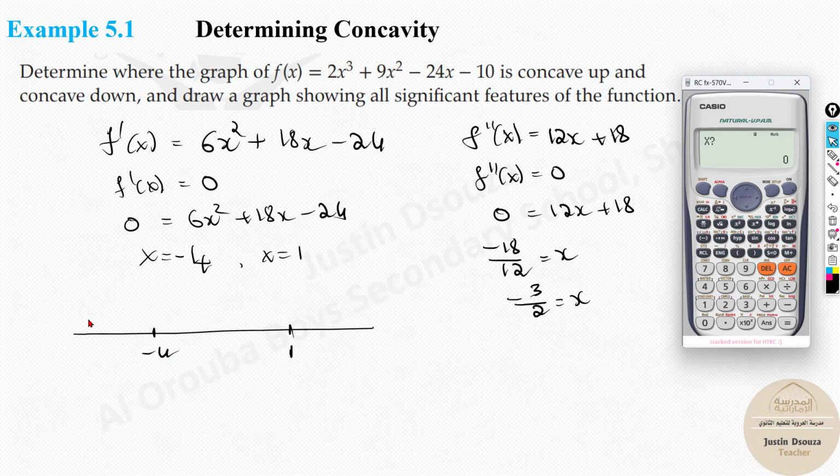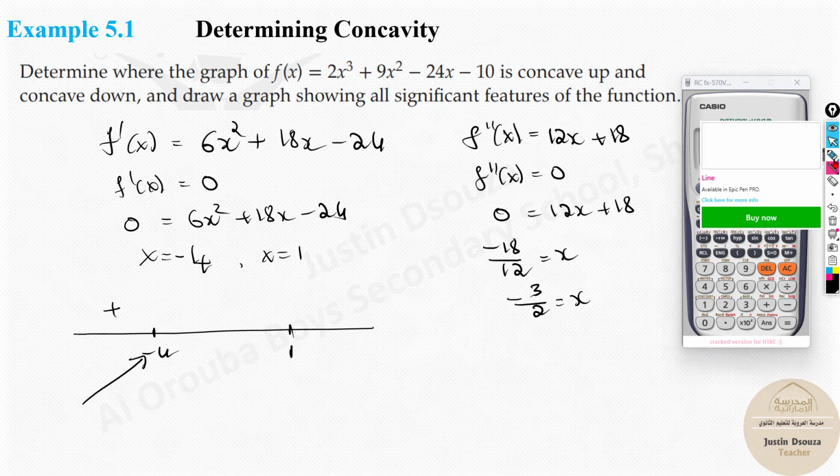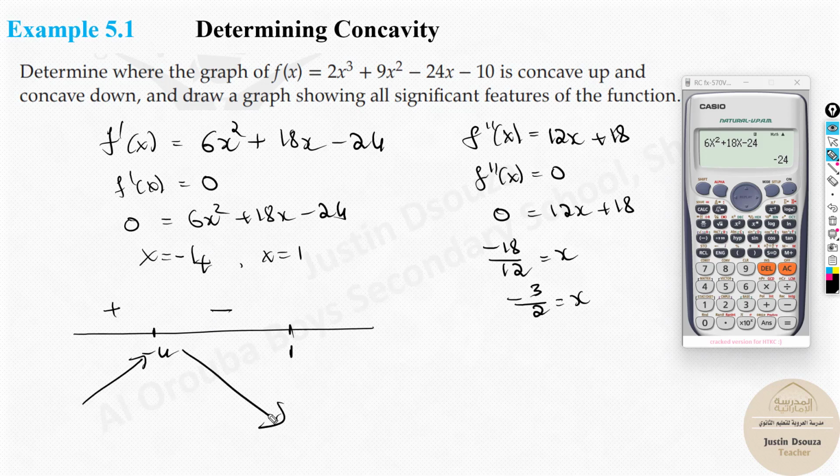So minus 4 is there, less than minus 4 would be minus 5. Now here it's positive. We don't want the value, we just need to know if it's positive or negative. If it's positive, it's increasing. Next, a test value over here would be 0, which is very easy to solve. It's minus, so it will be a minus sign here, and it's decreasing.